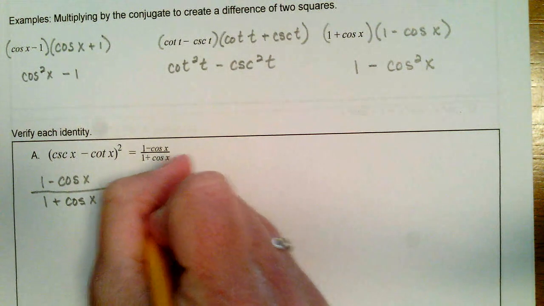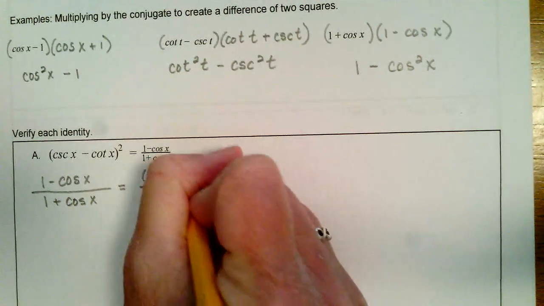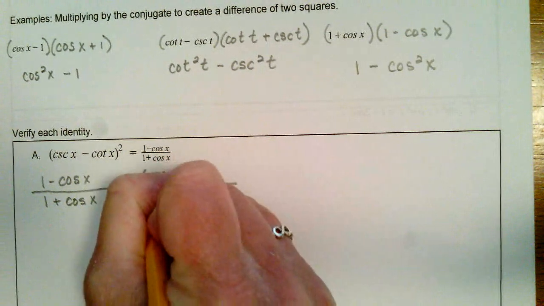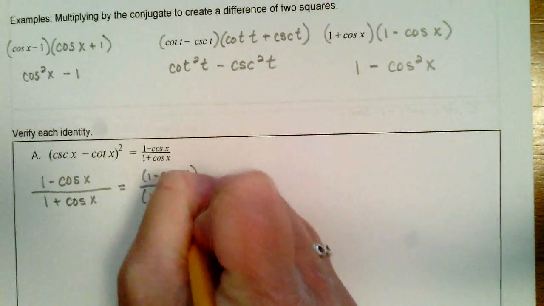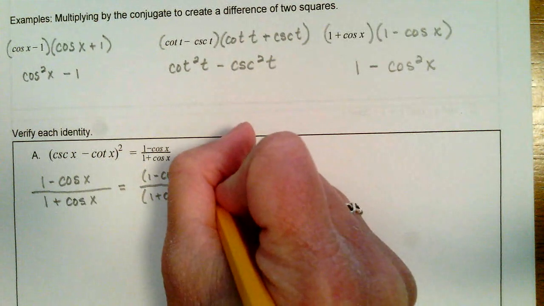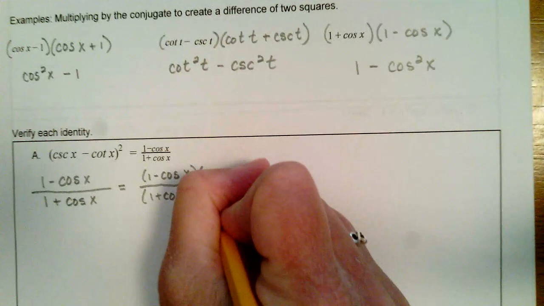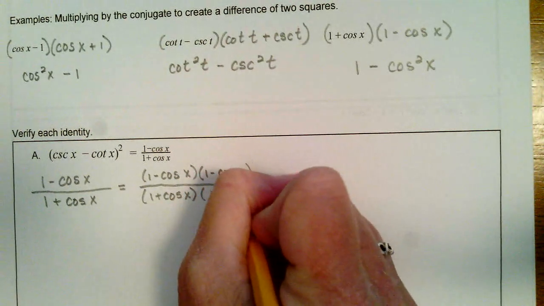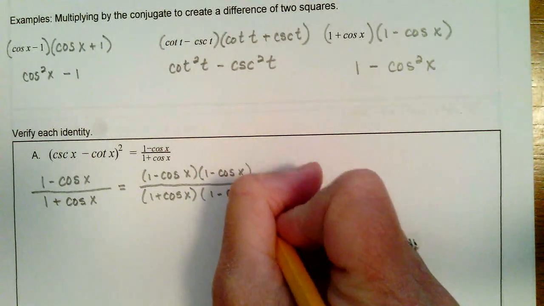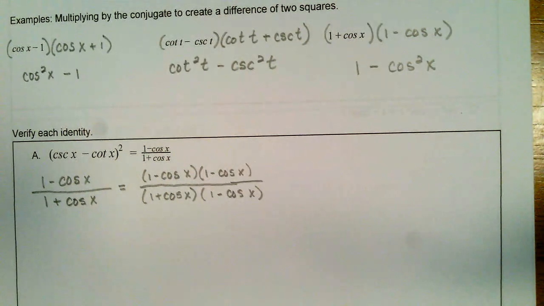Okay, so I have my same expression, but I am multiplying the top and the bottom by the conjugate. And I am always keeping in mind where I want to get to.